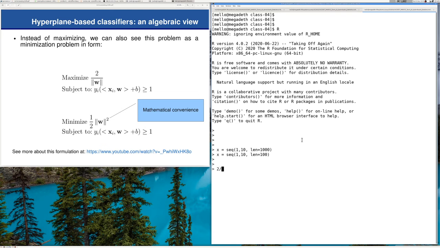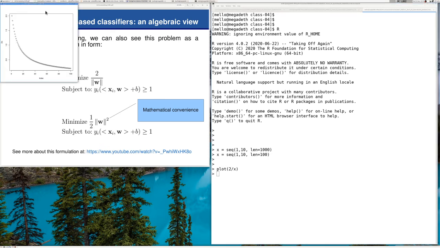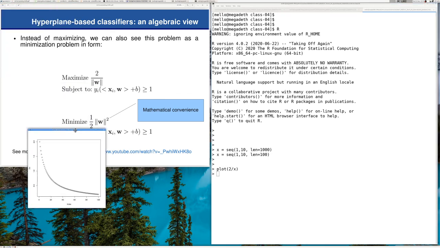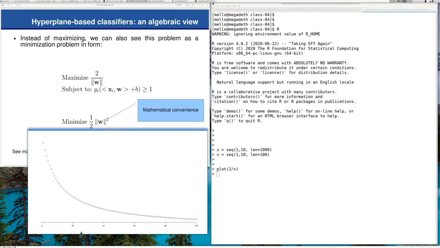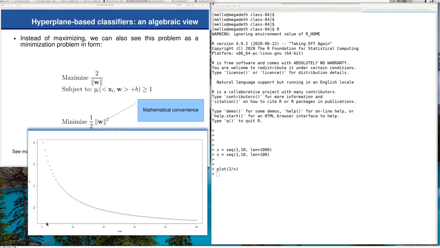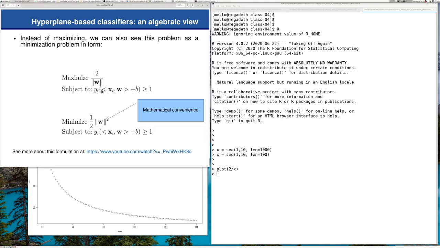When I divide 2 divided by the norm, take a look, I'll have a result like this. If I want to maximize, I want results going closer to a small value, as you might notice over here, okay? Small value. But of course, I cannot go to an infinitesimal value too close to 0 because I have still to satisfy this constraint.